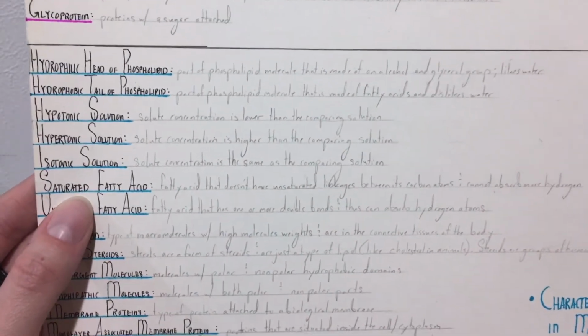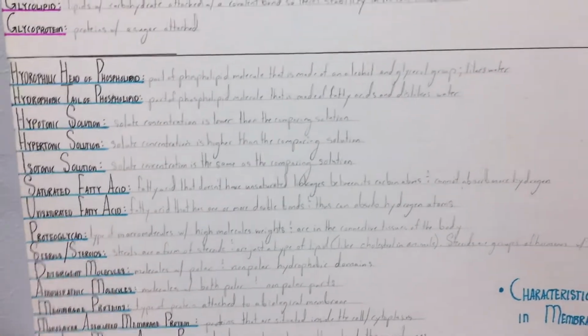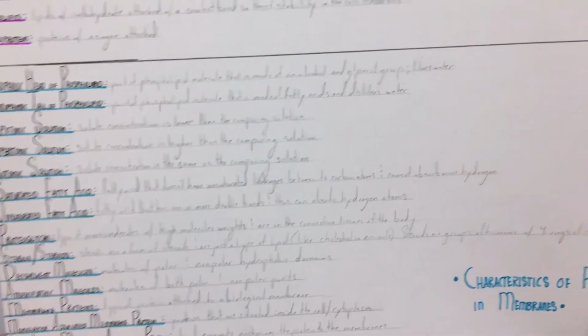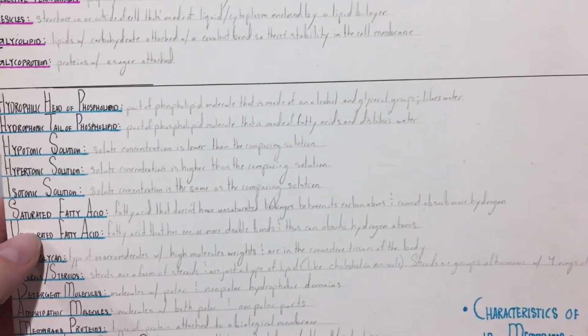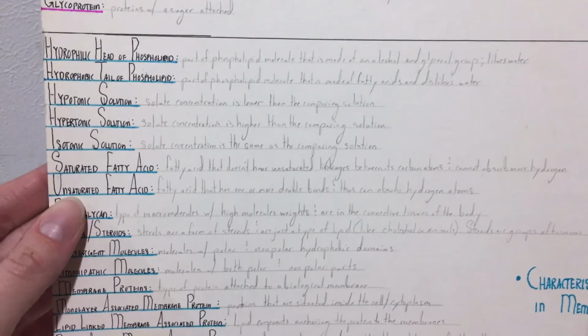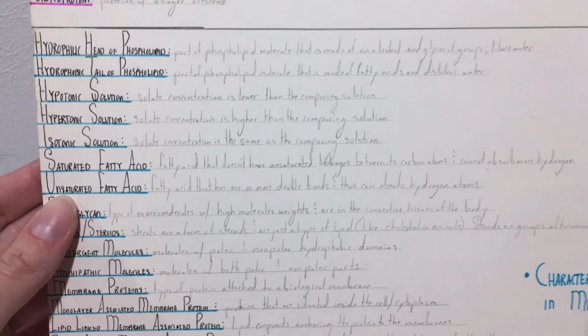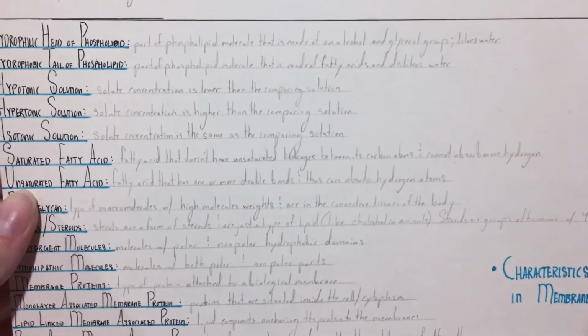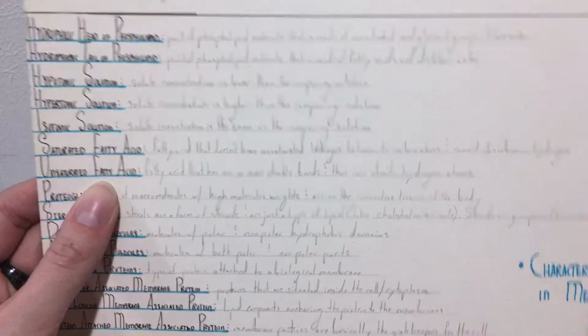Then we have a saturated fatty acid, and that's a fatty acid that doesn't have unsaturated linkages between its carbon atoms. So the saturated fatty acid can't absorb more hydrogen. However, the unsaturated fatty acid is a fatty acid that has one or more double bonds, and so that means that the unsaturated fatty acid can absorb more hydrogen atoms.